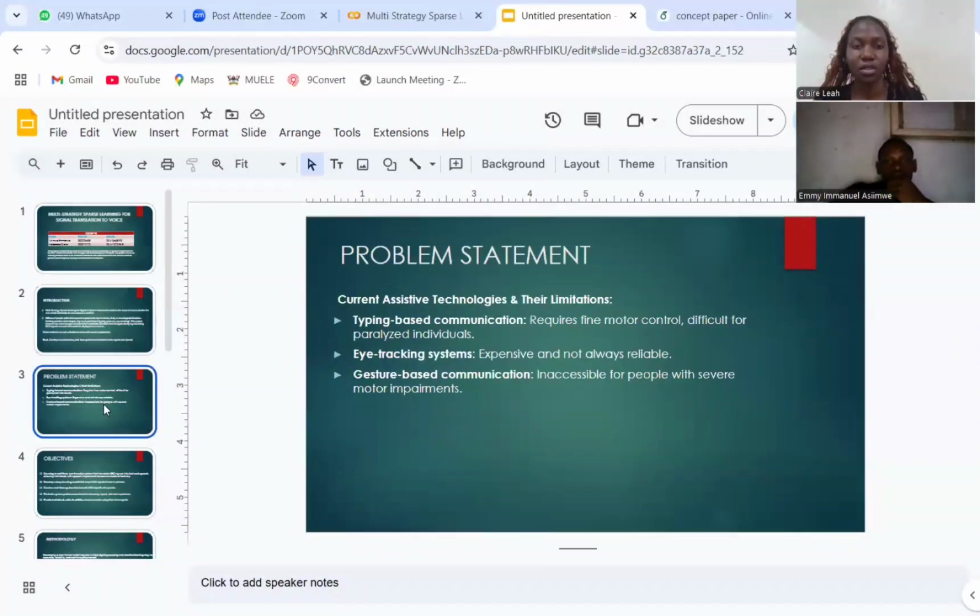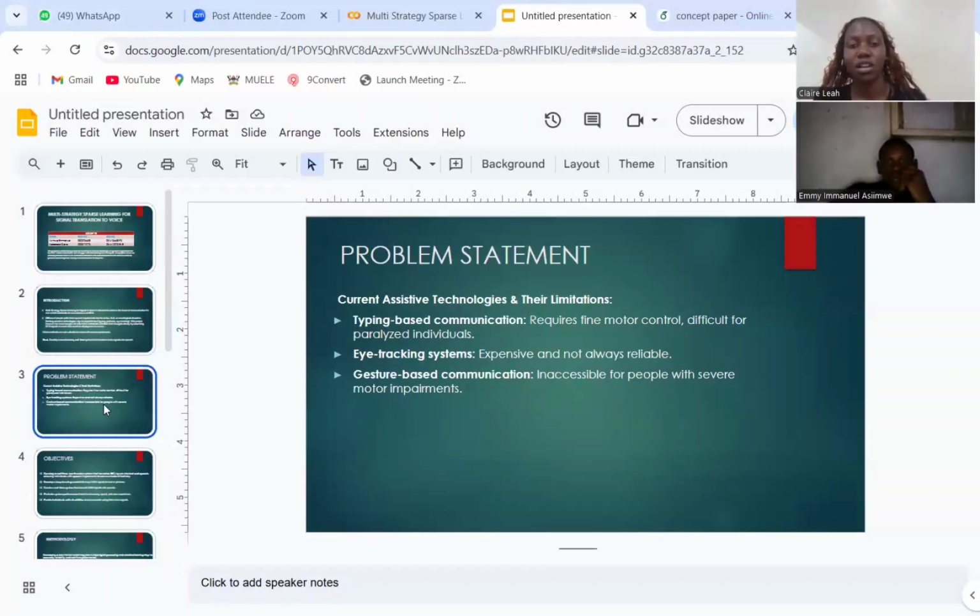And on slide 3, we have the problem statement, and the current assistive technologies and their limitations. I've already talked about the problem statement. Here we have typing-based communication, which requires fine motor control.